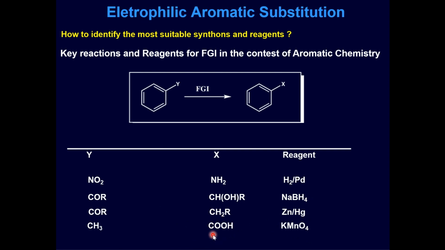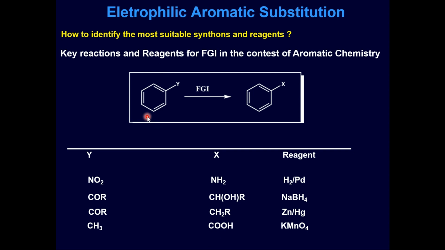If I want a COOH group, as we have seen in benzocaine, CO2 is a very weak electrophile. For that to react, the benzene should have strongly electron donating groups like OH. Then only it is possible.